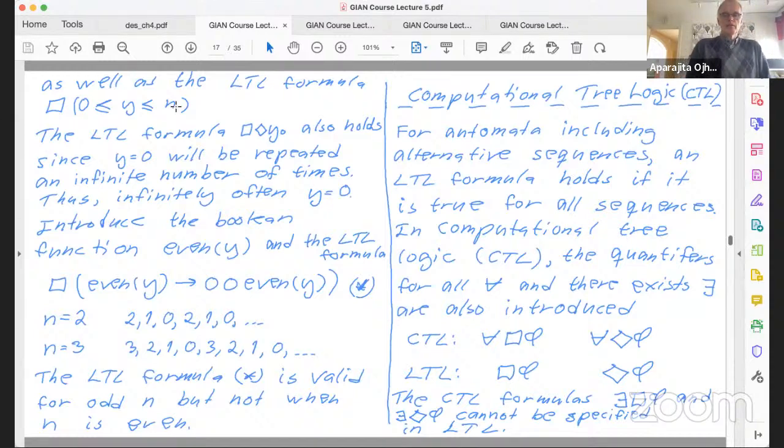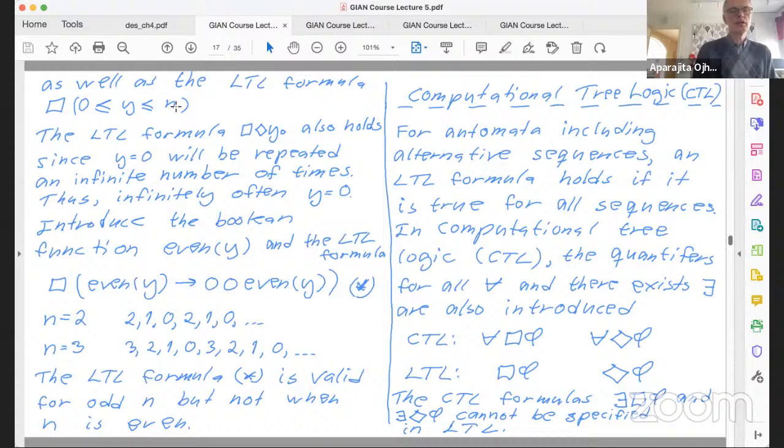Now another thing can also be evaluated. If we introduce the Boolean function even on the variable y, we ask ourselves, is it always that even y means that in 2 steps, next, y will also be even?